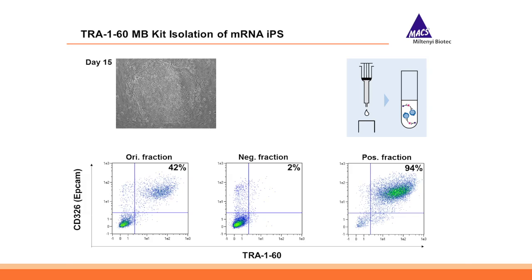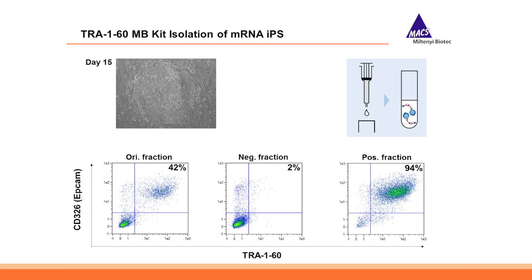These microbeads consist of iron, and if you put that sample with your pluripotent cells and some other cells inside on top of such a column, where there is a steel ball matrix inside, and you place the column into a magnet, then these microbeads attached to the cells will bind to the column.